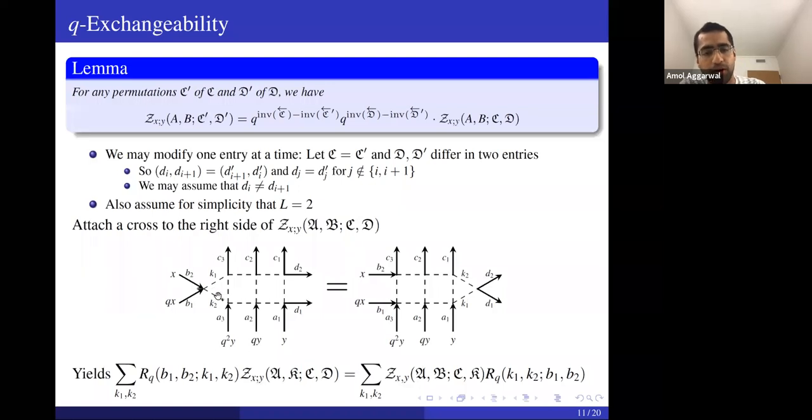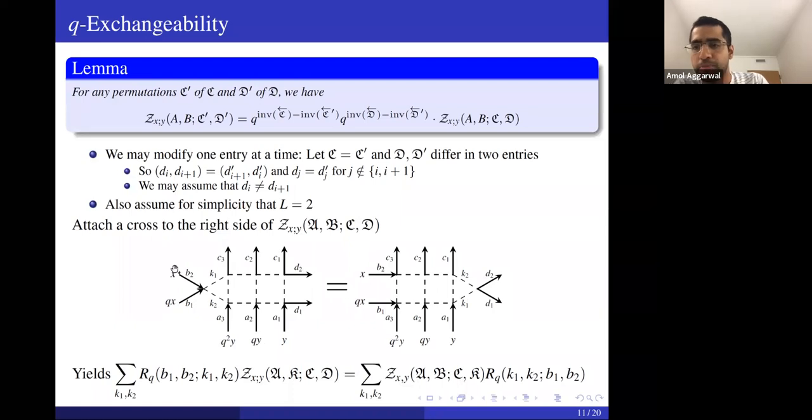So let me parse this equation diagrammatically. On the left side, I've attached a cross, and this cross has, as we know, this bundled weight due to my choice of x and y, the fact that they lie in a geometric progression. This rapidity is qx, and this rapidity is x, right?